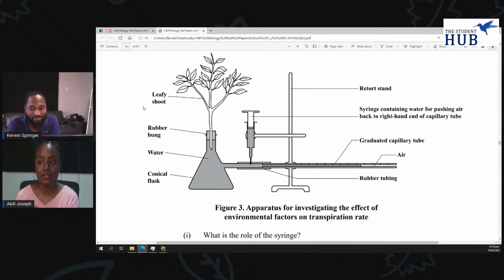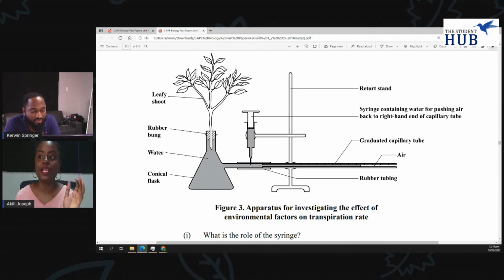So on one setup, you would put something that would prevent water from escaping through the stomata at the top of the leaves. So you would coat the upper surface of all the leaves in your bunch with Vaseline so that water can't be lost through the stomata.